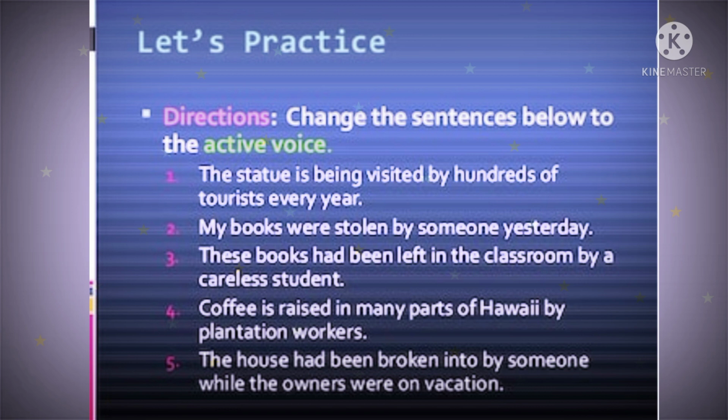Okay, children, these are the ways how to change an active voice into passive and passive voice into active. Once you identify the structure and the tense of the sentence, it is very easy to convert active voice into passive and passive voice into active.